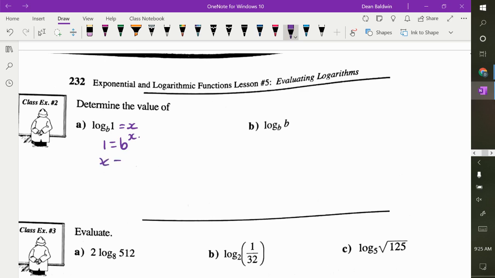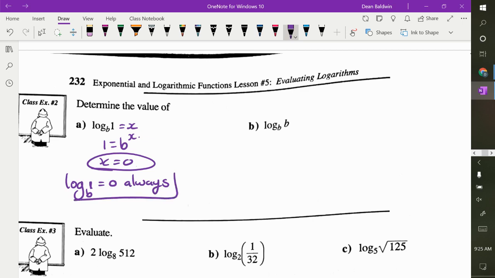Okay, what can you conclude about logging the number 1? It doesn't matter what the base is. If you log the number 1, it always equals 0. You need to remember that. It always, always, always equals 0. Doesn't matter what the base is.